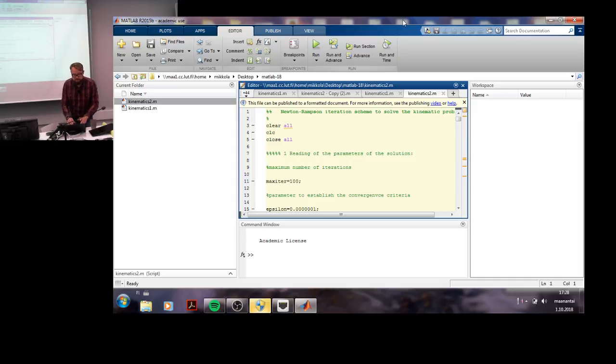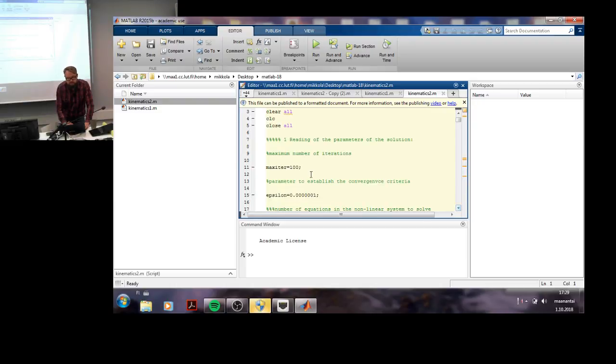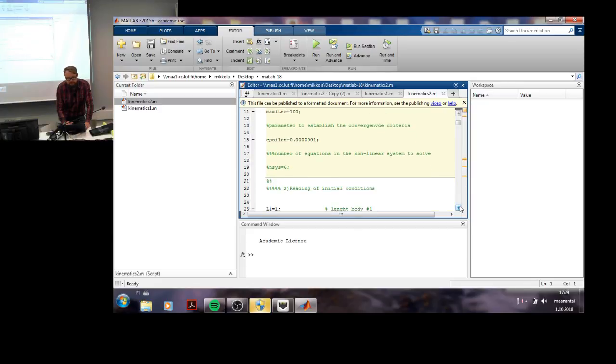Okay, so I have software, exactly the one that I introduced to you last week, but this time it's describing this system with the two moving bodies. Here I have a maximum number of iterations at position level. This is my tolerance. It could be something else if you're not comfortable with that number.